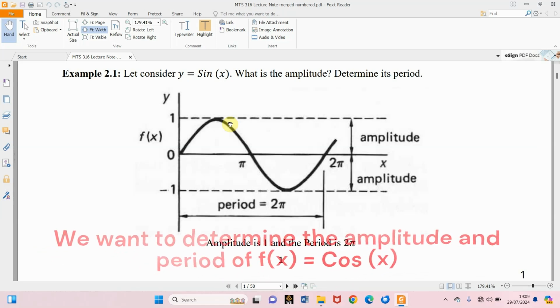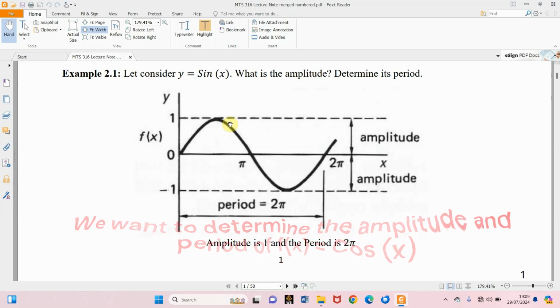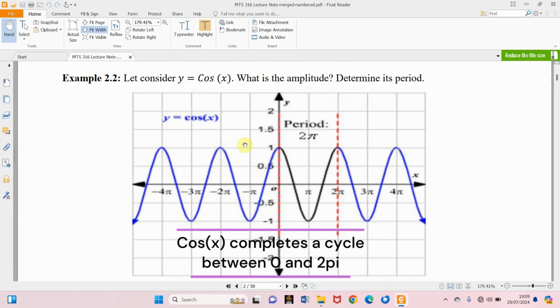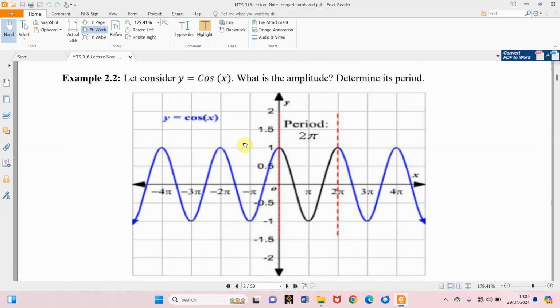Now let's consider another example, y equals cos x. The question is: what is the amplitude and what is the period? If you look at this trigonometric function, you will notice that cos x completes a cycle within 0 and 2 pi. That is why you can see it's highlighted in black color.